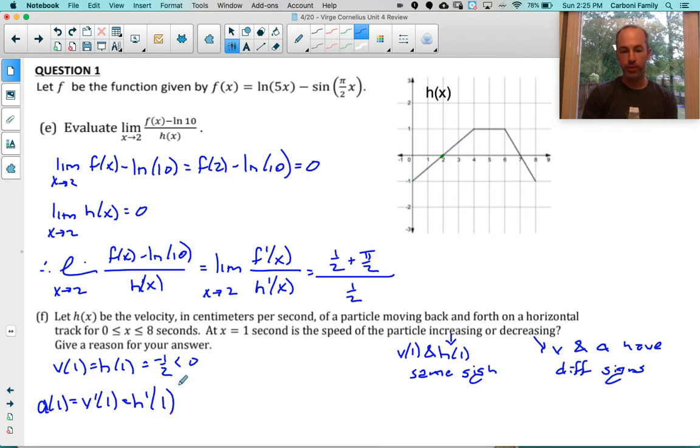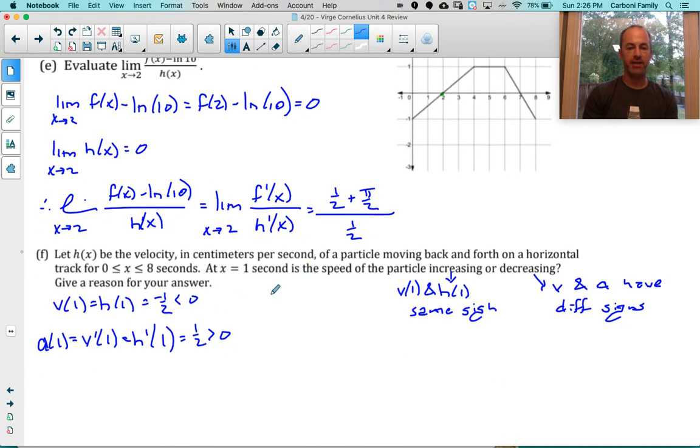The slope at 1 is positive 1/2. My velocity and acceleration have opposite signs. Therefore, v of 1 and acceleration at 1 have opposite signs.